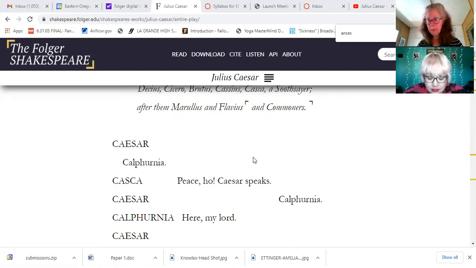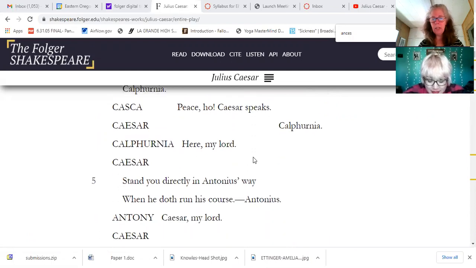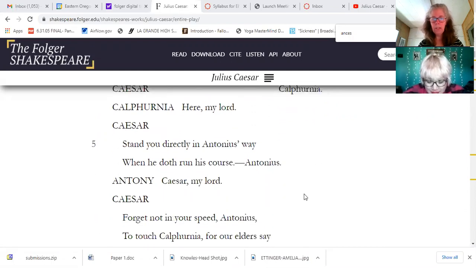Of course, these people are still celebrating Caesar's victory. And here in this scene, we get to see Caesar himself, right? Celebrating with his friends and his wife, Calpurnia, right? So she's present. One thing to notice in this initial exchange is that they're going to run a race, and Antony is going to run in it, right? So he's a young senator.